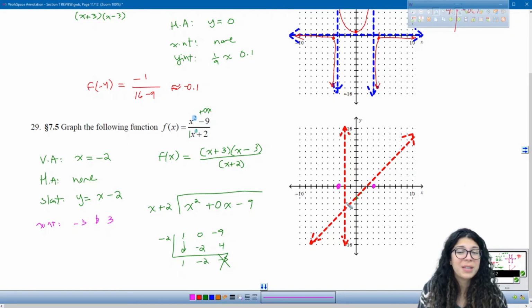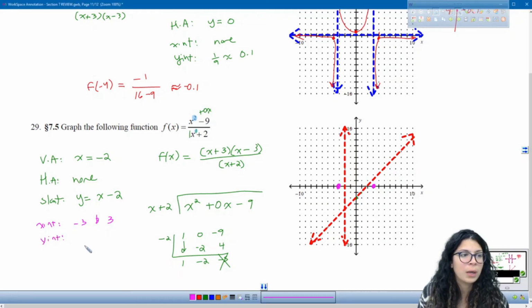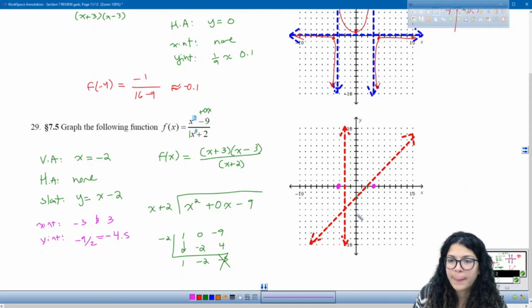With those x-intercepts, I actually already know which pieces to graph, but let's go ahead and find the y-intercept just for everything to be complete. The y-intercept will be when x is 0, so it's just a division of the constants. Negative 9 divided by 2, which is negative 4.5. So if I graph that, negative 4.5.